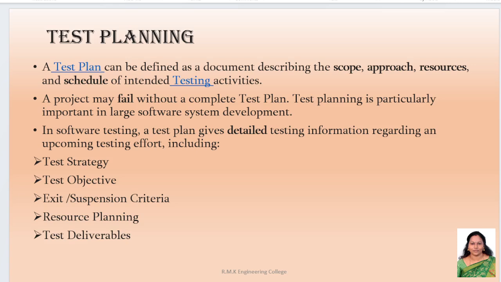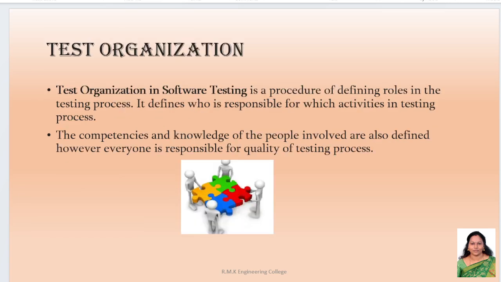Test planning is defined as a documentation process. Planning describes the scope, approaches, resources, and schedule; all the test activities are defined in the test planning stage. That is test planning. Test organization defines who is responsible for which activities in the testing process.